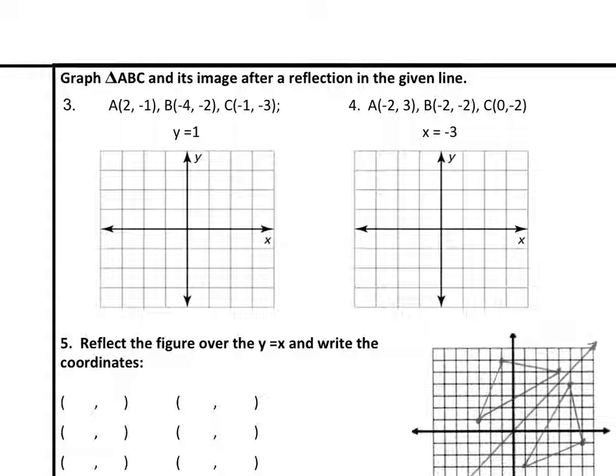So we're instead going to reflect this over y equals negative 1 and x equals positive 1, because otherwise it's going to go off the grid. That's my fault. So can you please change that and go ahead and graph A, B, and C. The 2 triangles are going to be different, so don't assume that they're the same. The 2 graphs are different. And make sure you label them A, B, C, because when we reflect, we have to label A prime, B prime, C prime.